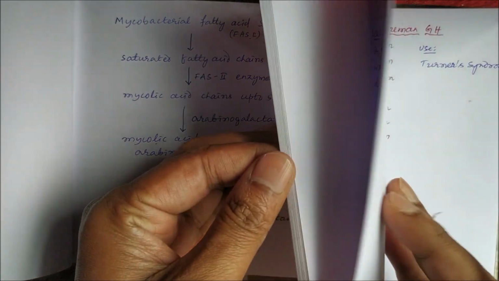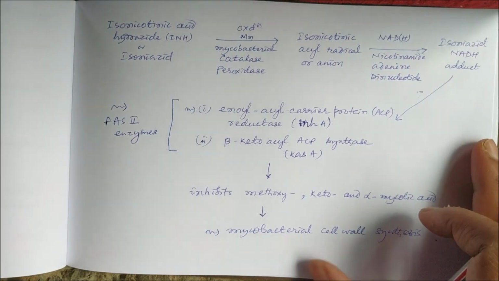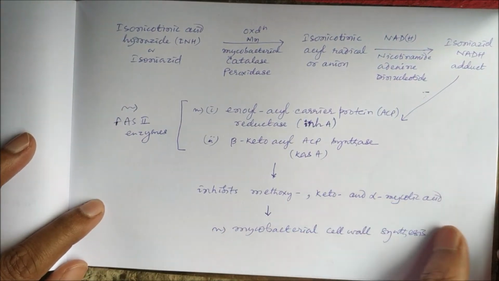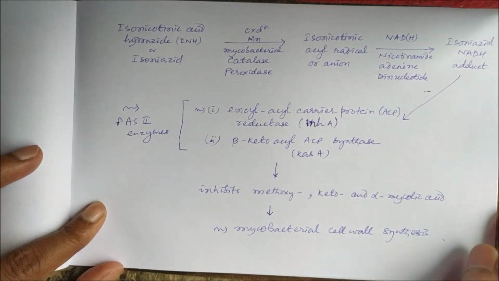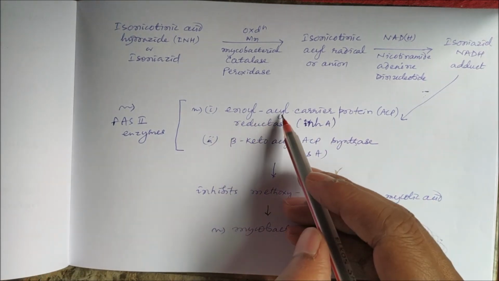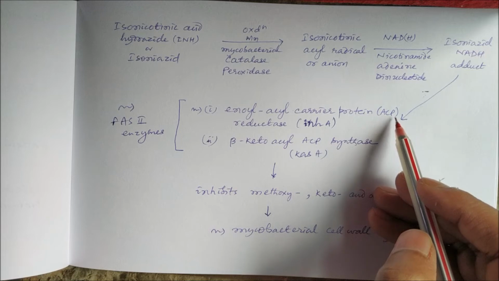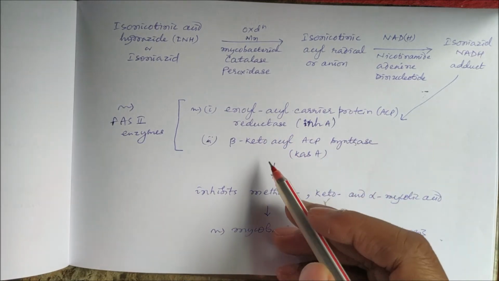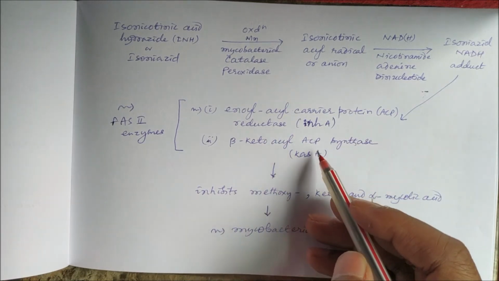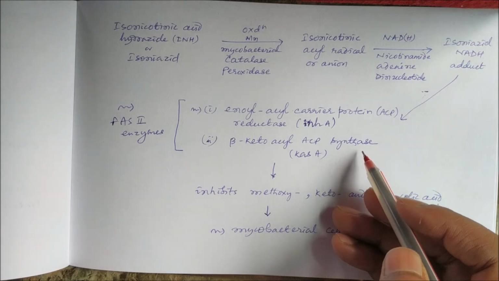Now there are two FAS2 enzymes. One is enoyl acyl carrier protein reductase, ACP reductase, and the second is beta ketoacyl ACP synthase.